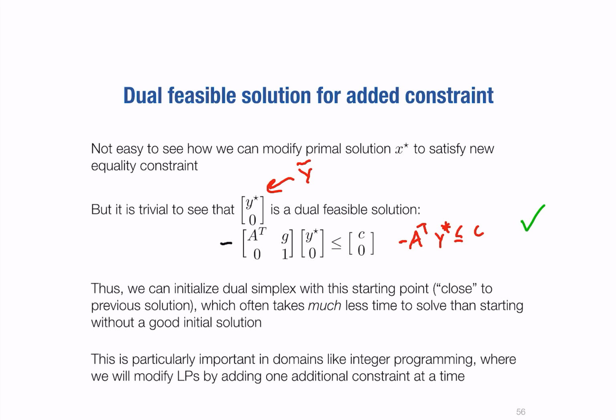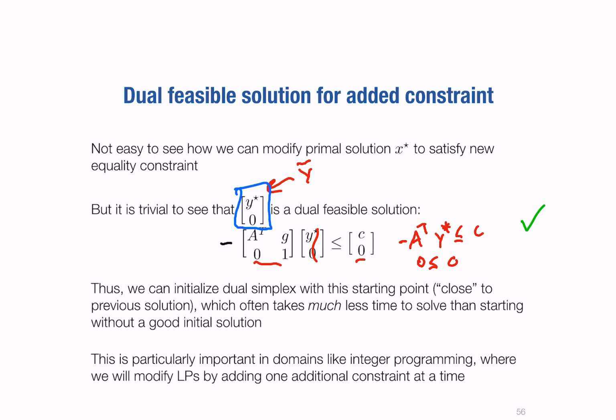And the next constraint is that our new row of the A matrix times this term is less than or equal to that. But that's basically saying they're both 0, so 0 is less than or equal to 0. So in other words, this vector is a feasible solution that satisfies the inequality constraints of our new matrix.